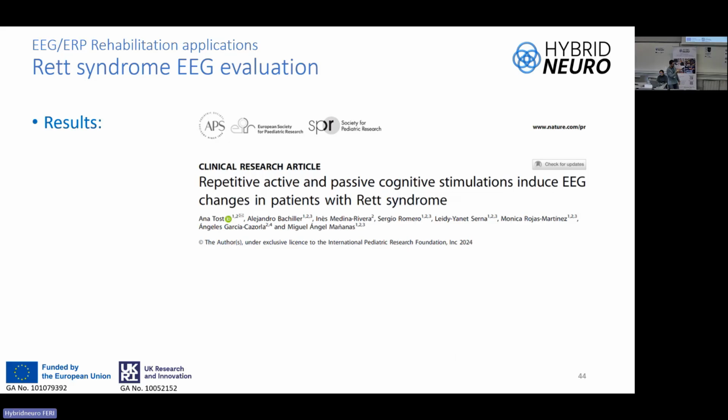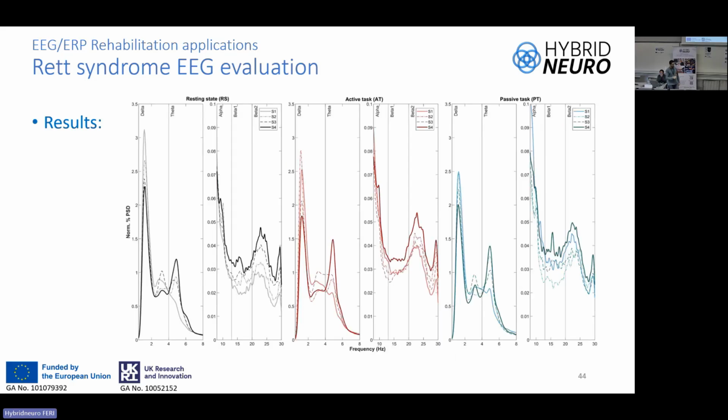This is the publication that we have, and we can see the first, the basal register, the second, the third, and the fourth, and you can see a reduction in the low frequencies of the power spectrum and an improvement in the high frequency.